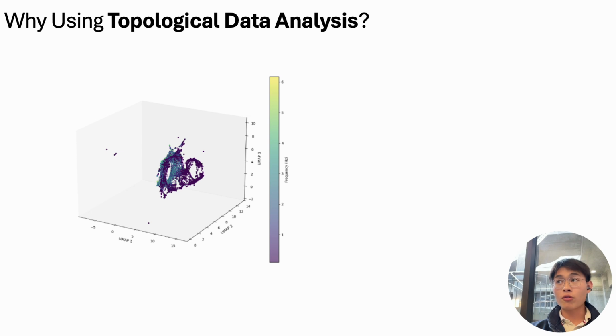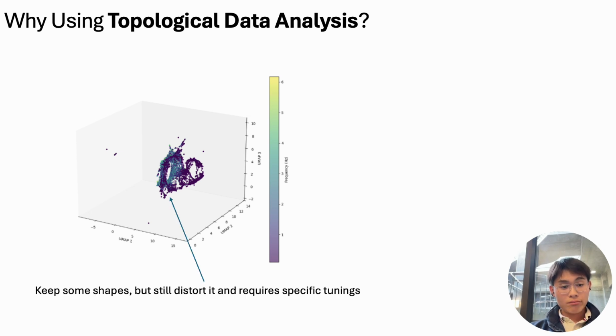This is a UMAP performed with a sliding window of 20. Keep in mind the caveat that there need to be specific tunings, such as the sliding window of 20, for the dimensionality reduction technique to actually work.